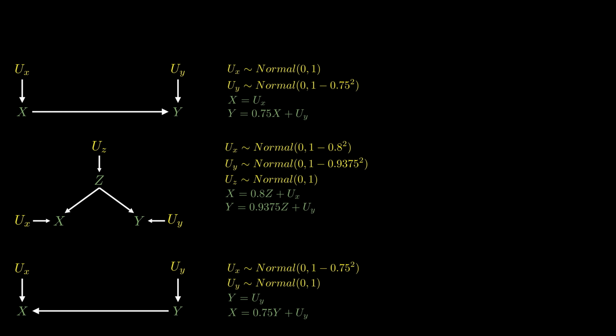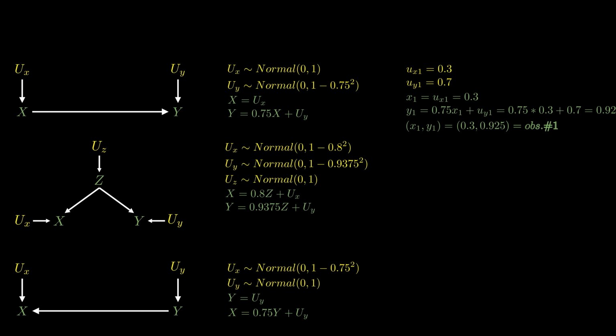In order to sample a vector xy, or in other words, in order for us to sample a value for the pair xy with this causal model, we would start by randomly sampling a value for ux and uy from their respective distributions. X being identical to ux, we just set x equal to the value of ux, which is 0.3 in this case.